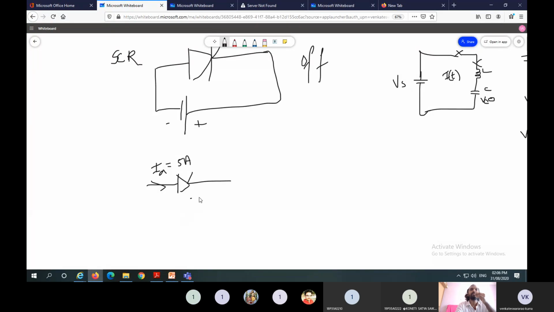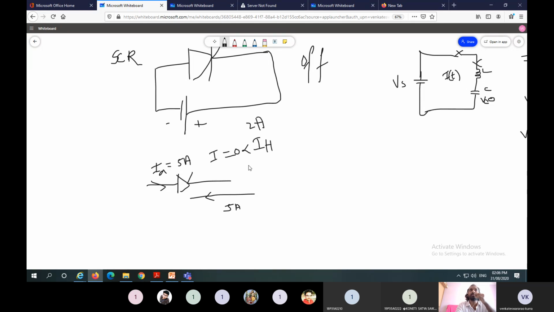Suppose we supply current in the reverse direction, say 5 amperes, so 5 minus 5, the net current equals 0, which is less than the holding current. Or assume the holding current is 2 amperes.